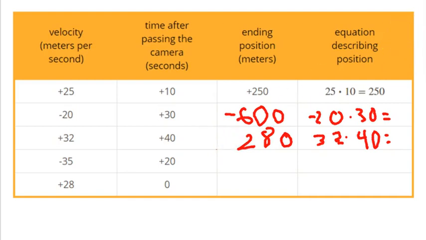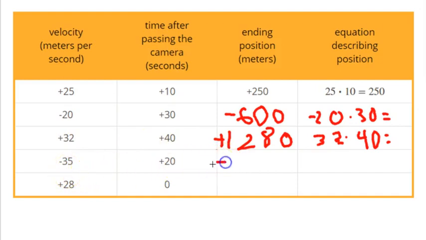How do I know that that's correct? Well, again, a positive number means we're going to the east, times the 40 gives me 1,280. 40 times 2 is 80. 30 times 40 is 1,200. All right, what about here?